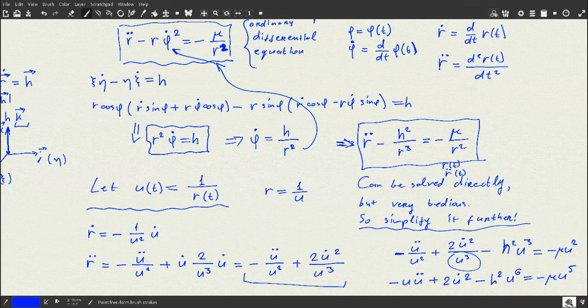Well, it doesn't look like a big simplification, but you will actually see that it does help quite a lot, interestingly enough.